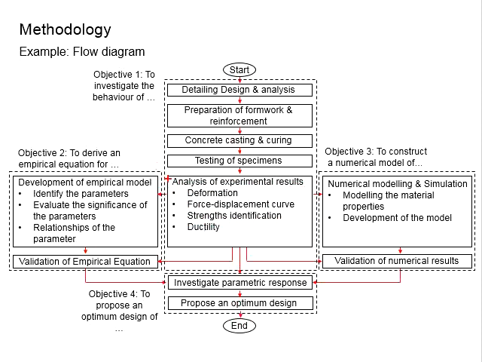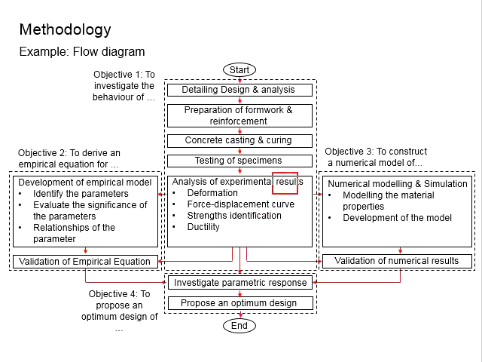And then based on the results that you have acquired, you will need to derive empirical equations and to construct numerical models. Objective 2 and objective 3 will be on the basis of objective 1, which is very much dependent on the results obtained from objective 1.